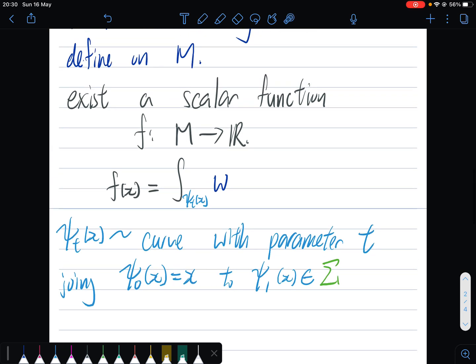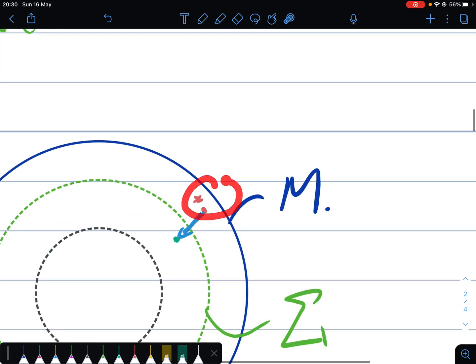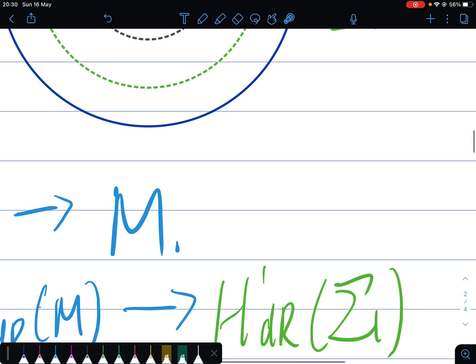So we can just say that it is a line integral from the point x along this line to a point in sigma.